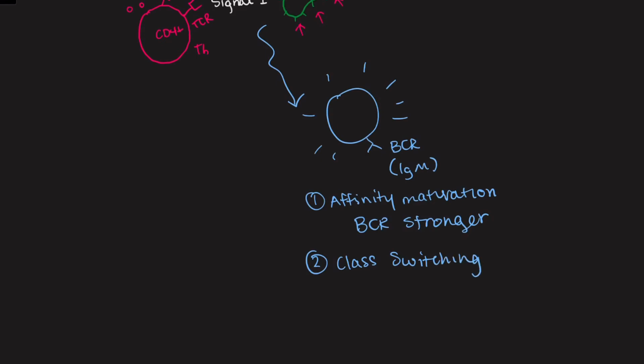which, as I mentioned previously, we have IgM on the surface, but in order to be really specific for whatever pathogen that we're working with, we want to be able to produce IgG, IgE, IgA, in order to make the immune response more specific.